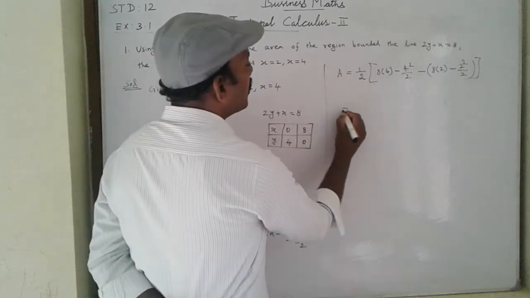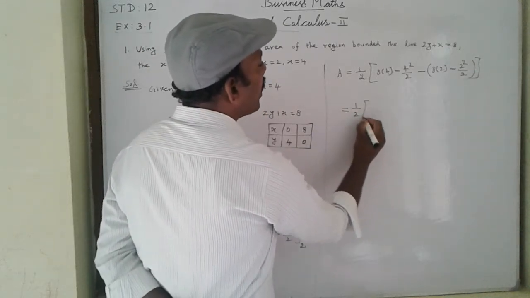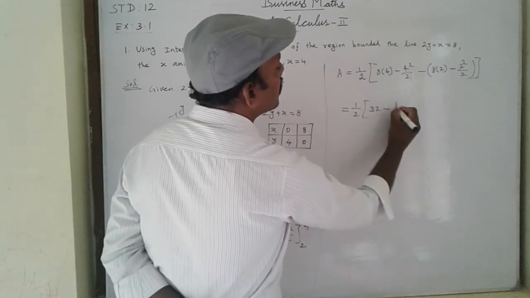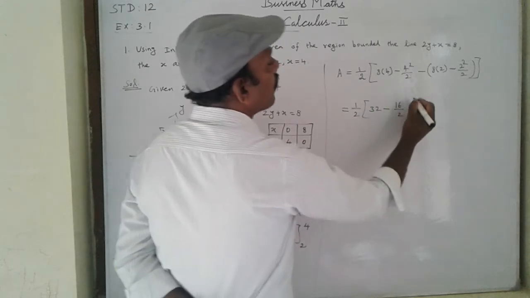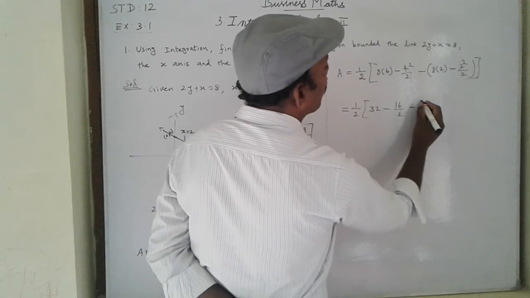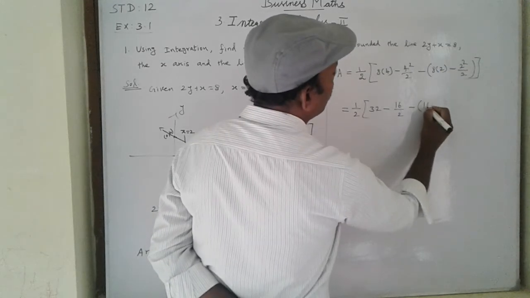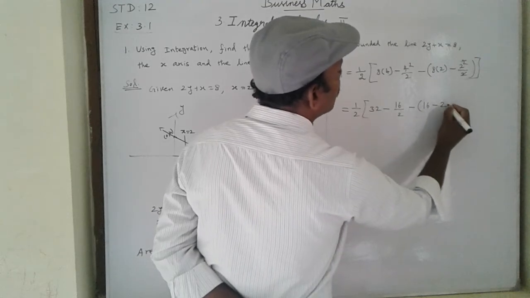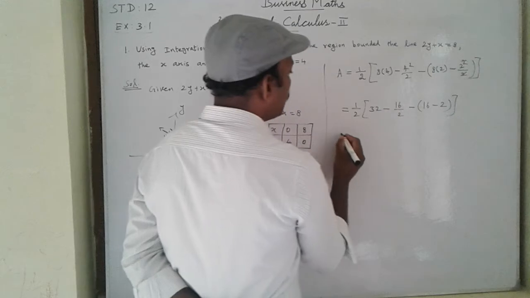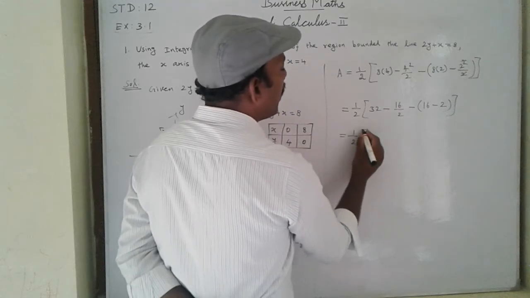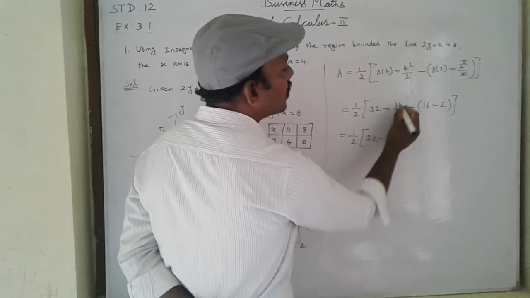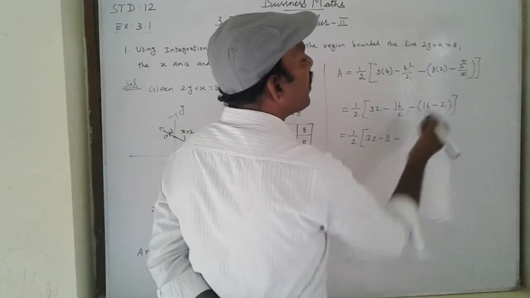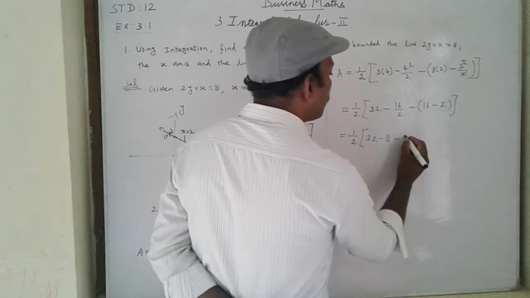That is equal to 1 by 2 into, 8 fours are 32 minus 4 square is 16 divided by 2, minus, 8 twos are 16 minus 2 square divided by 2 is 2. Next, 1 by 2 into 32 minus 16 divided by 2 is 8, minus 16 minus 2 is 14.